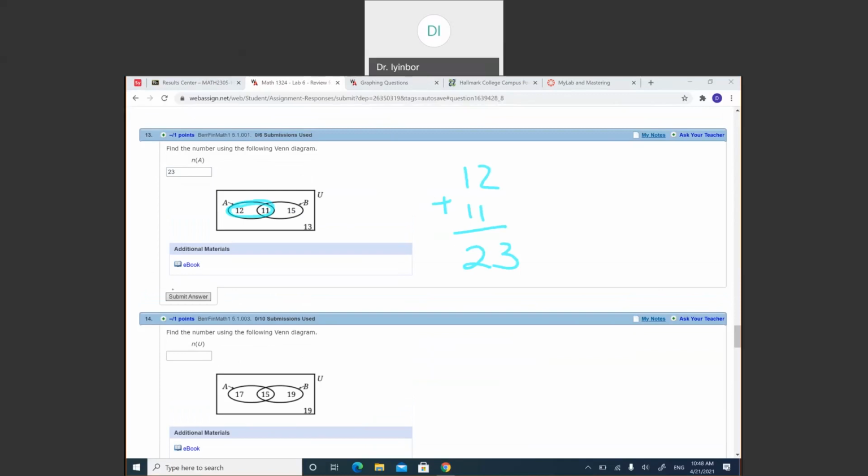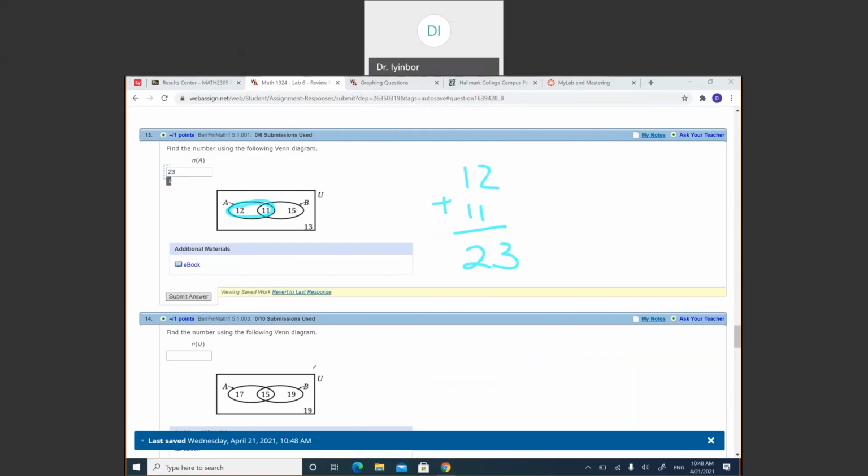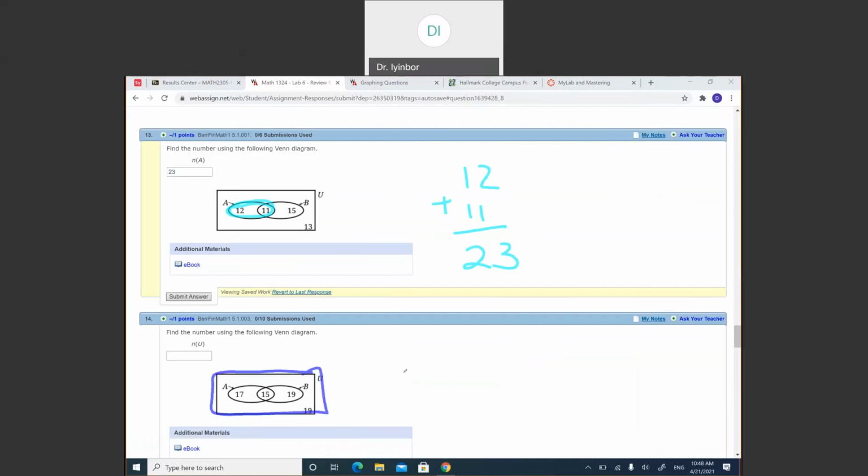Now the next one, number 14 down here, n(U). The number of U means this is the set U. Set U is this one. So that means you have to add all the numbers. You're adding 17, and 15 and 19 and 19. All of the numbers, you're going to add them. And I'm going to use a calculator, so we're going to get 17 plus 15 plus 19 plus 19, it's 70.